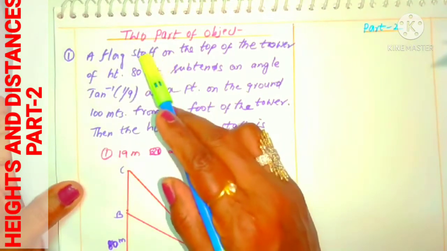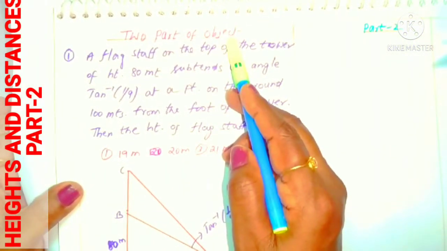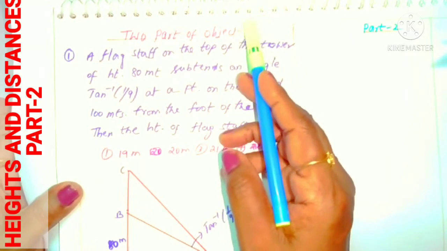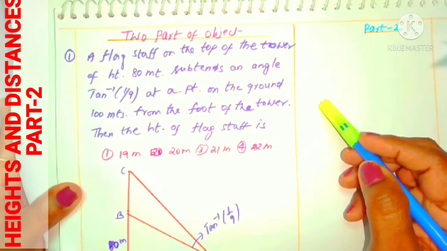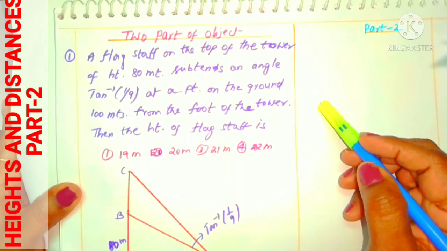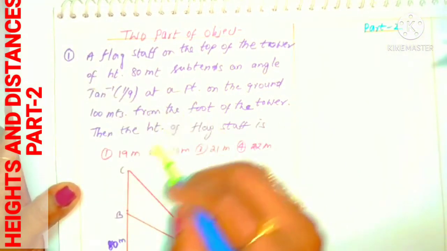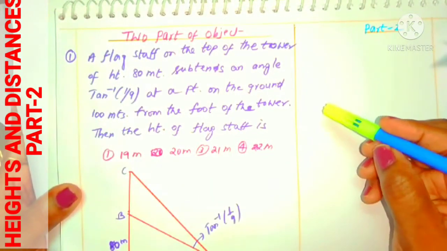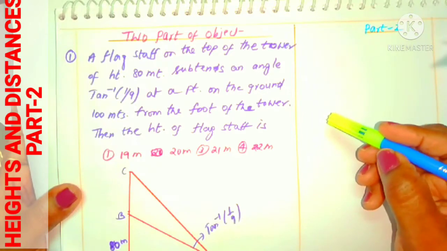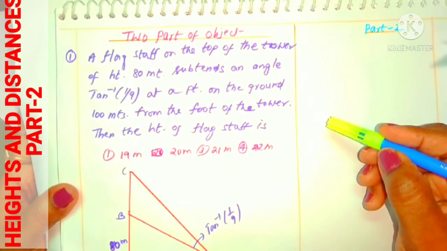I have mentioned here clearly two parts of an object. Any object is given, you may mention it as two parts. Look at the questions one by one. Now, question number 1. What is given clearly here? Especially in the theoretical part, you have to read the question carefully, sentence by sentence, then only can you get a clear idea about the given data.